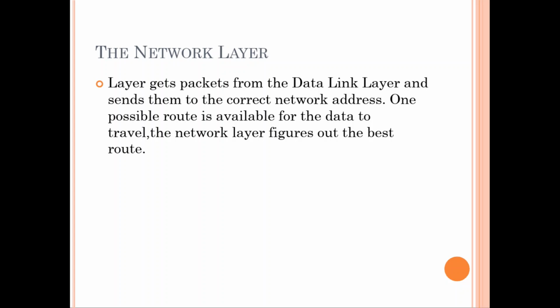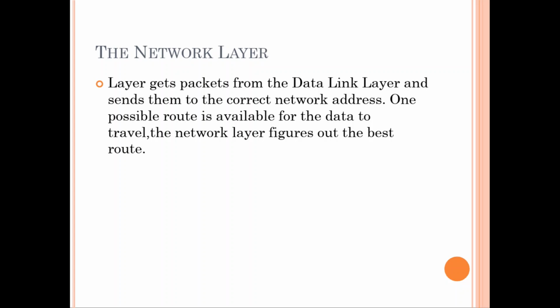The next layer is the network layer. This layer gets packets from the data link layer and sends them to the correct network address. More than one possible route may be available for the data to travel, and the network layer figures out the best route. Finding the best route to reach the destination is the task of the network layer, and it gets the packets from the data link layer and sends them to the correct network address.